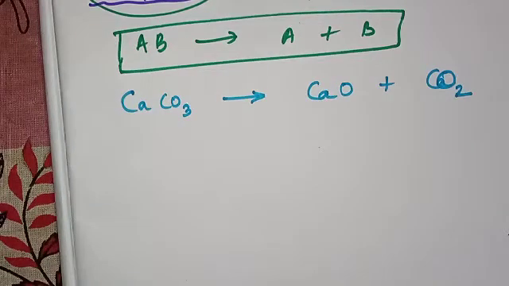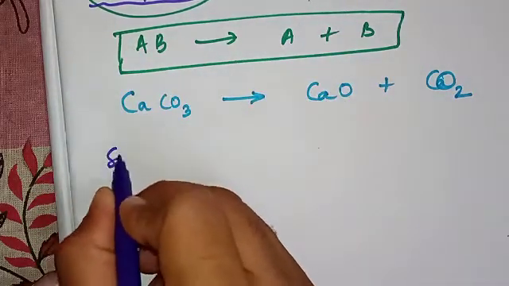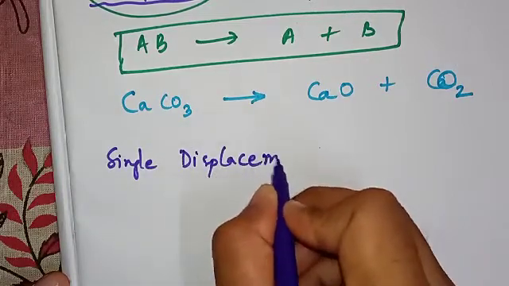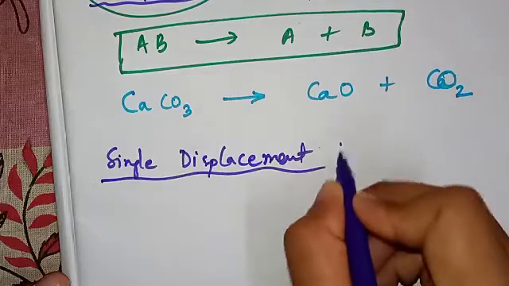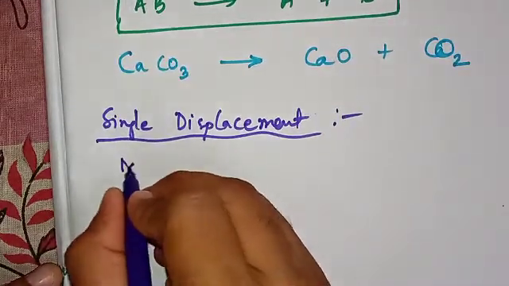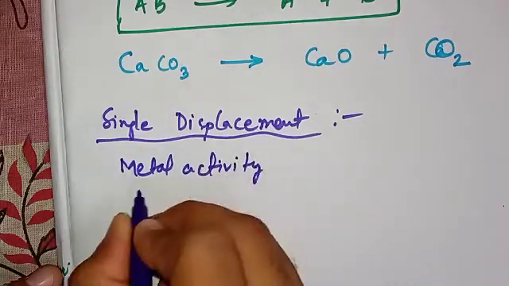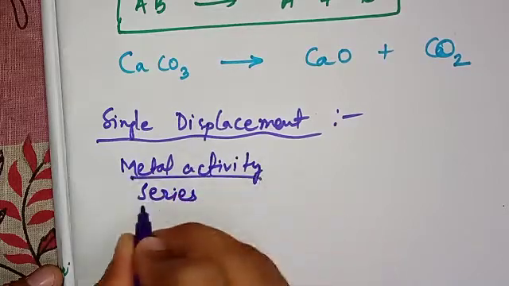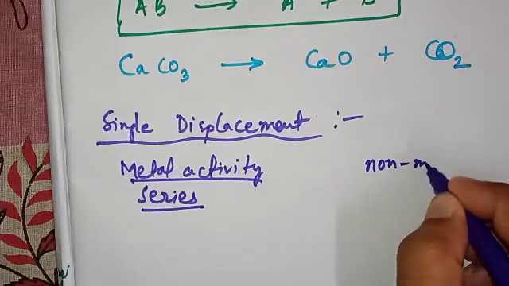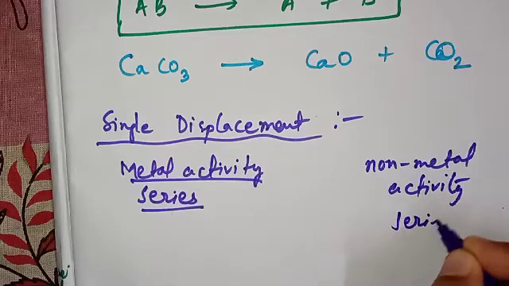Now we are going to the third type, that is single displacement. Yes, this is the trickiest one, single displacement. For this, you have to have the metal activity series crystal clear to you, and another, the non-metal activity series of halogens.